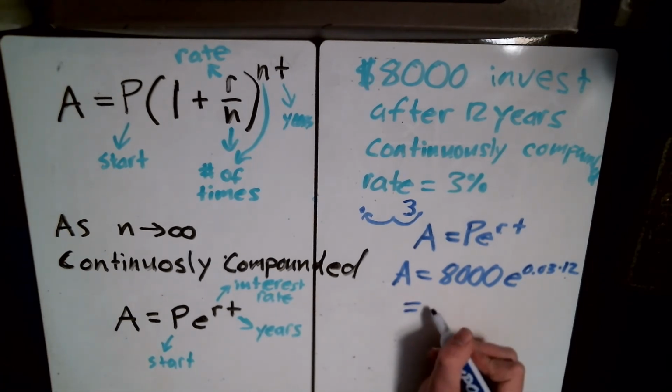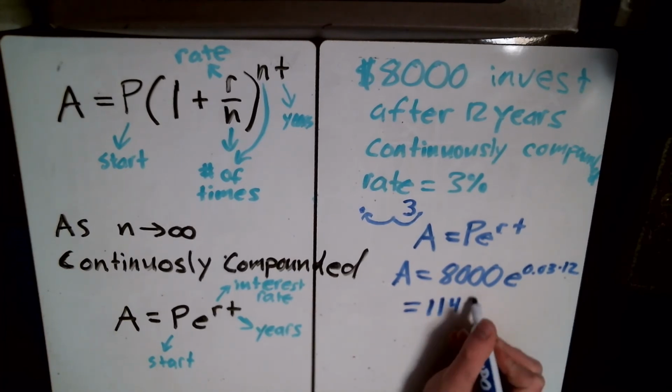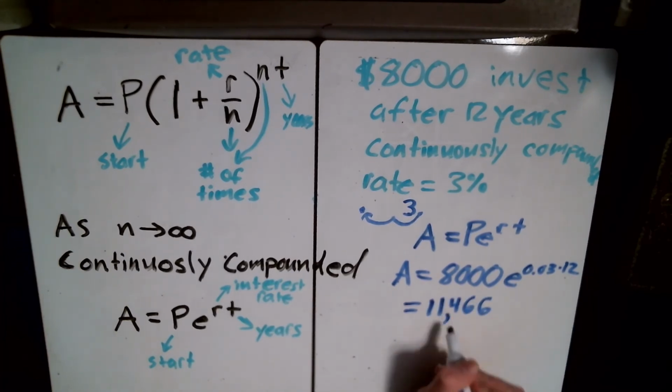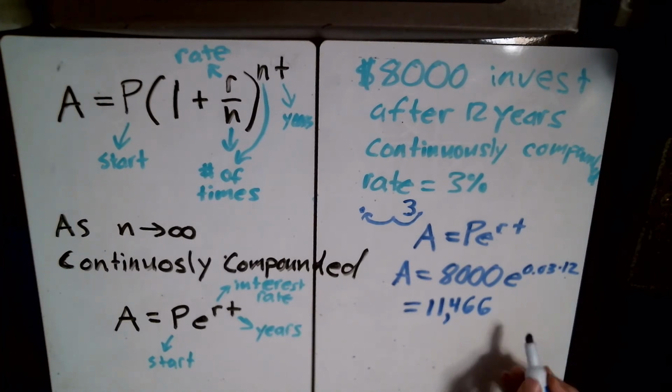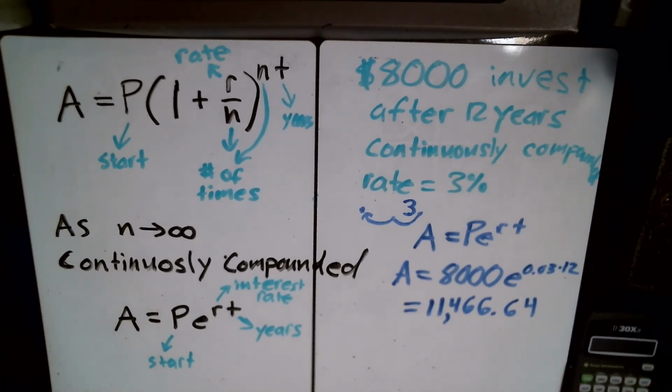What I get is 11,466. So about $11,000, and if you wanted to be really technical, you could add the 0.64. That's how much money you would have with this interest rate with continuously compounded interest.